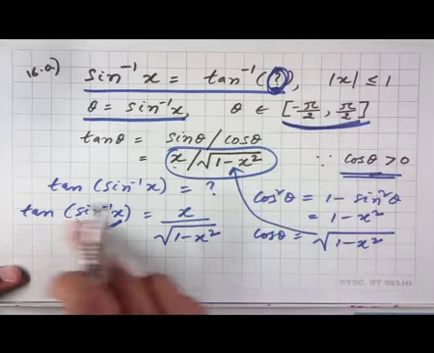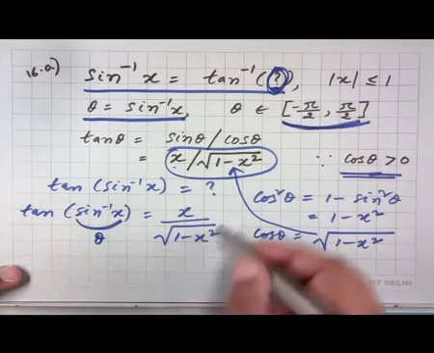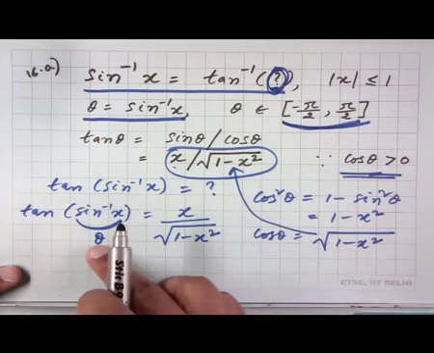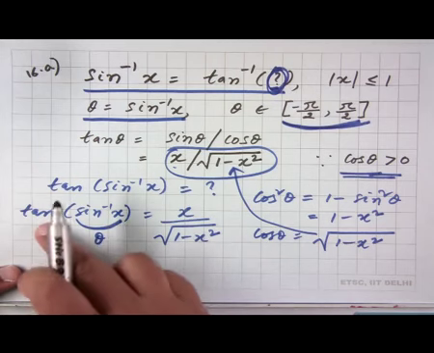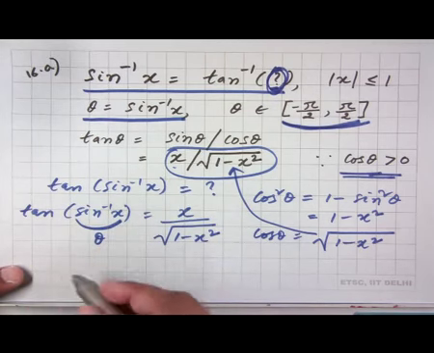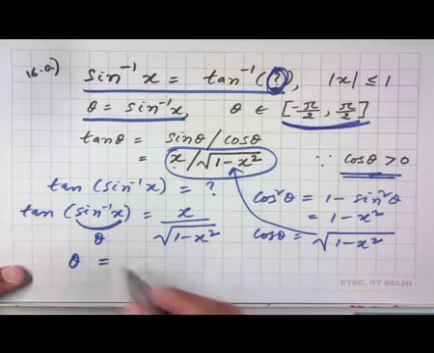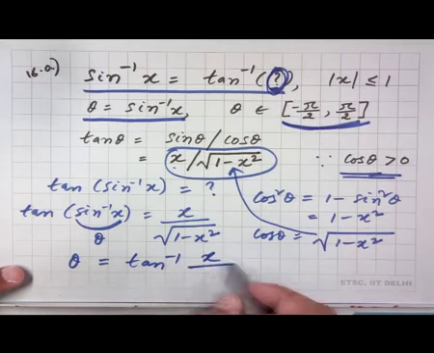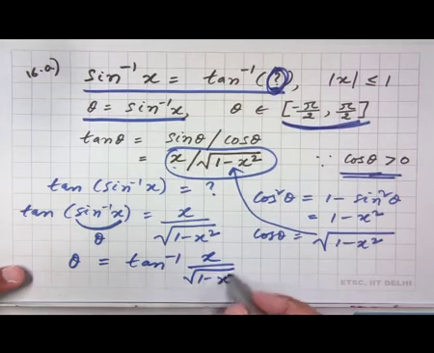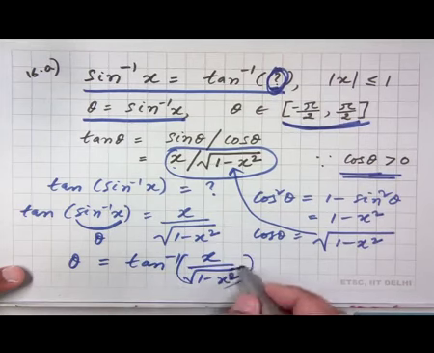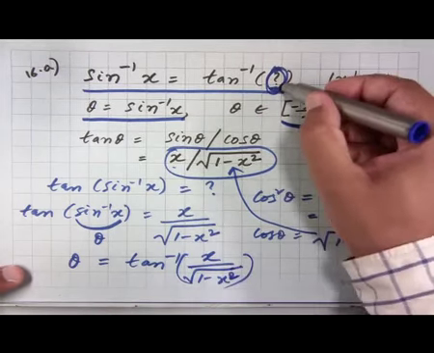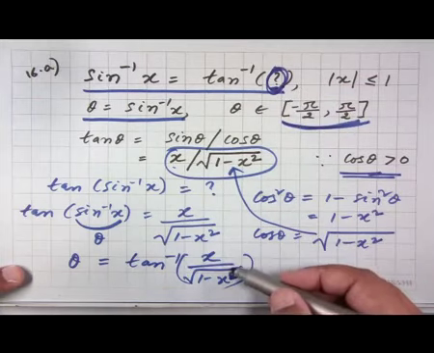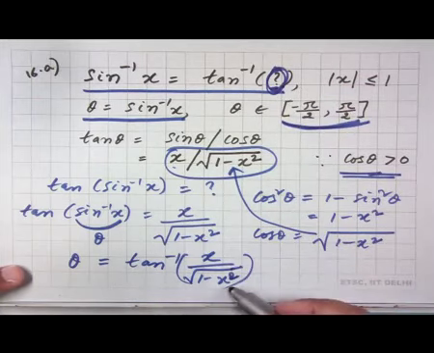So, we have tan of some angle theta equals this value, and this theta belongs to the range set of tan inverse, and therefore, it is very easy to see that this theta will be equal to tan inverse of x over root of 1 minus x square. So, this question mark over here is precisely equal to x over root of 1 minus x square.